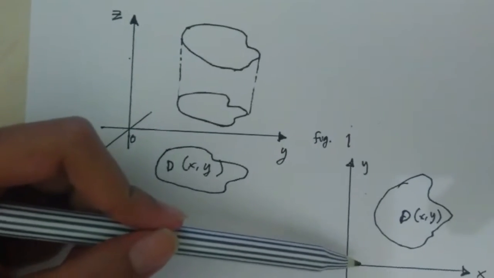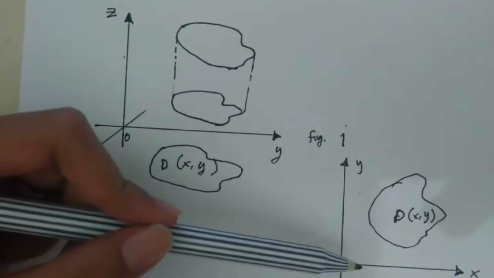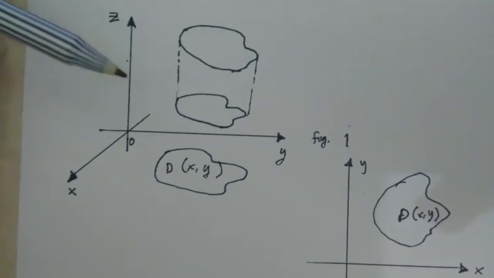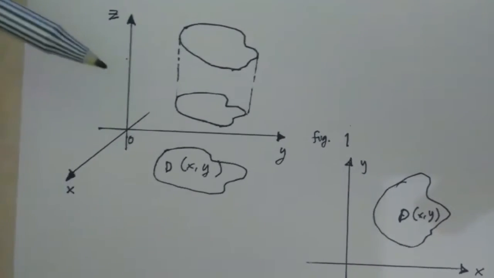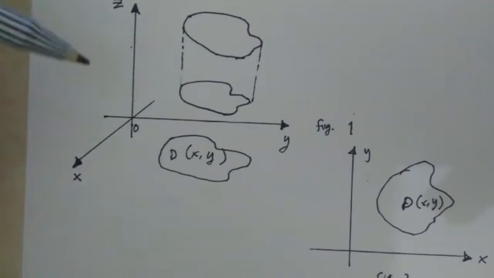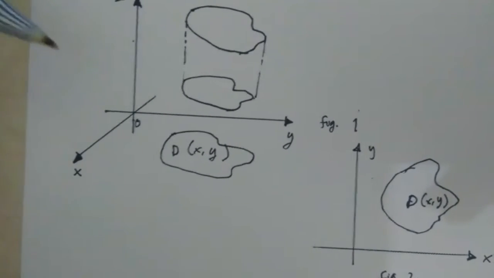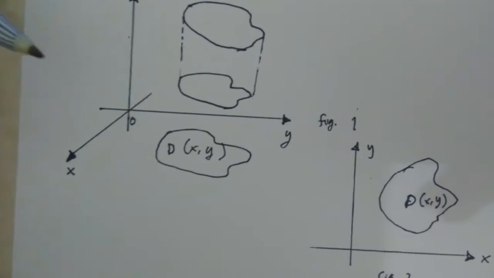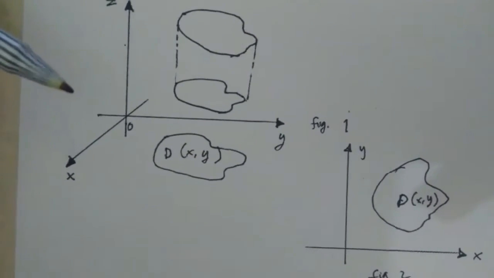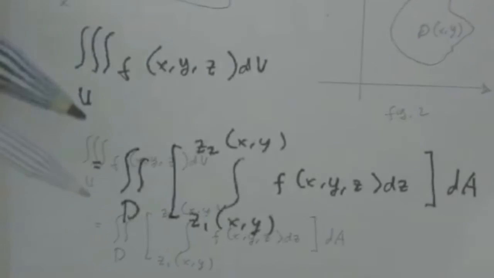The projection of the solid U onto the xy plane is the region D. We suppose that the functions z1(x, y) and z2(x, y) are continuous in the region D. Then, for any function f(x, y, z) continuous in the region U, we can write the relationship like this.